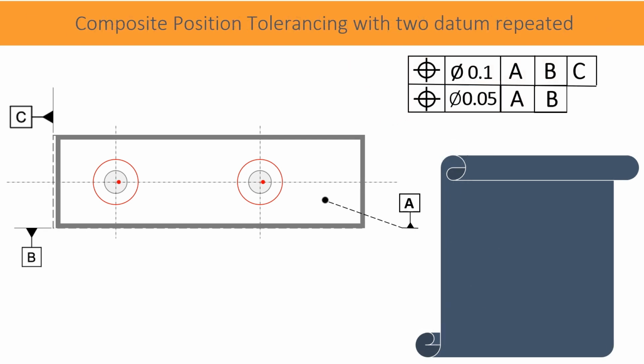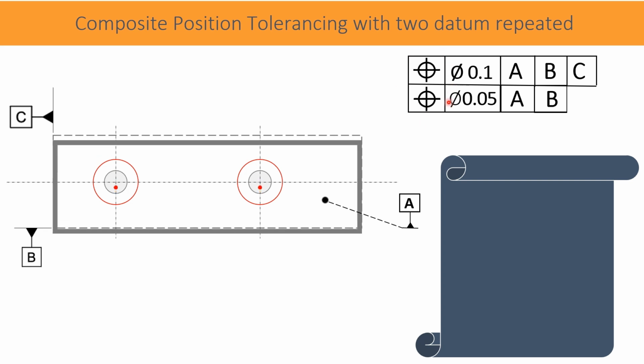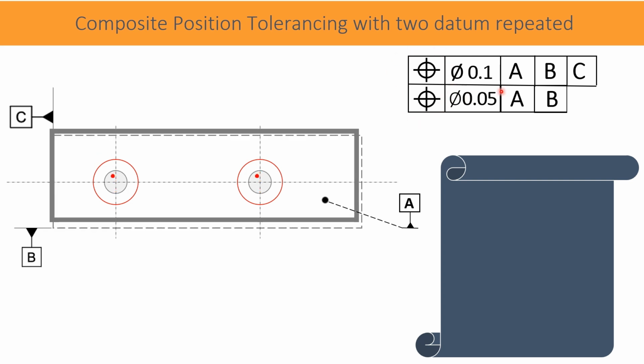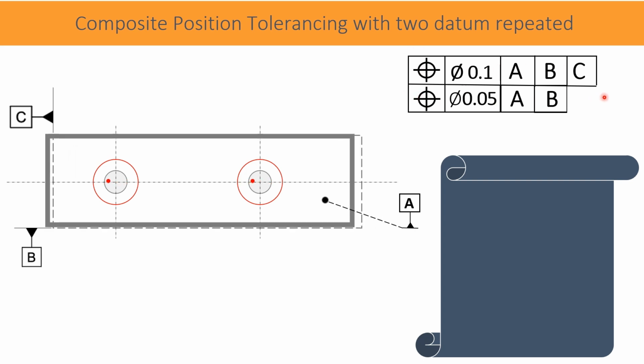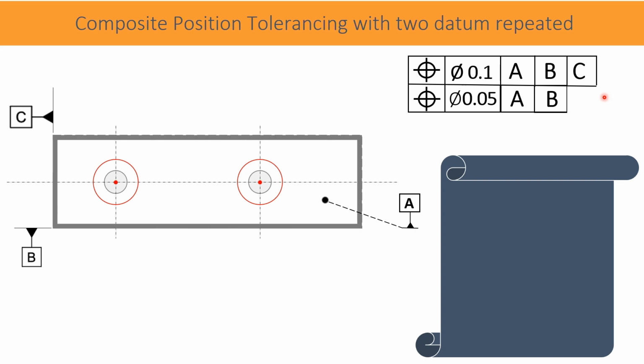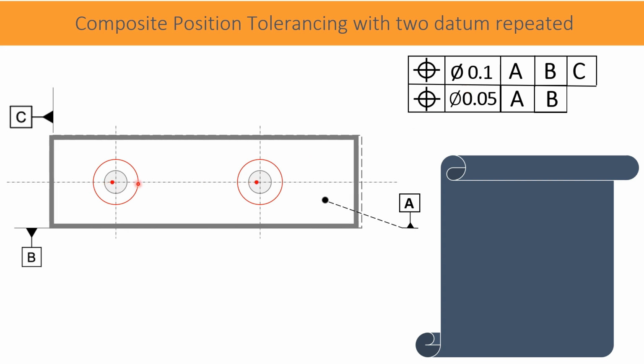This animation explains how the two single segment tolerance zone frame works when two datum features are repeated in the lower segment. As we know, in a two single segment tolerance zone frame, each segment can be evaluated independently. With respect to each segment, the part can be translated and rotated within a diametrical tolerance zone of 0.1.